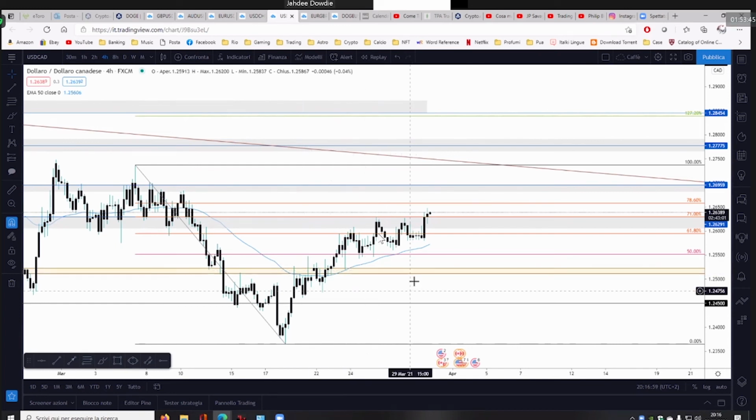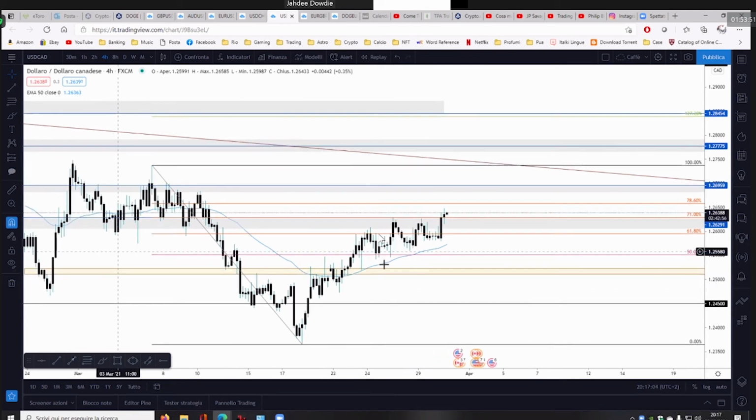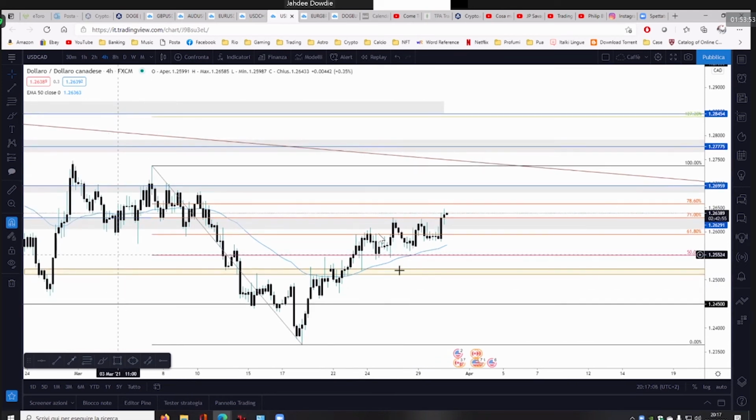This is why I don't really use Fibonacci like this a lot, because there's a lot of areas that we would be looking for to take a trade. One thing I find good is to narrow your selection process of actually looking for trades, so you're only taking certain setups.